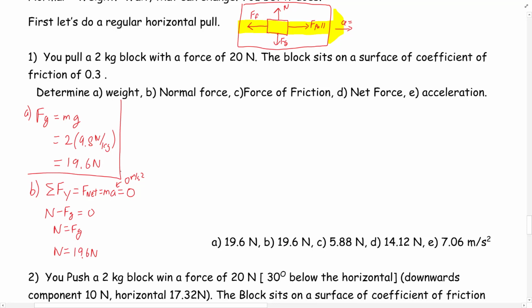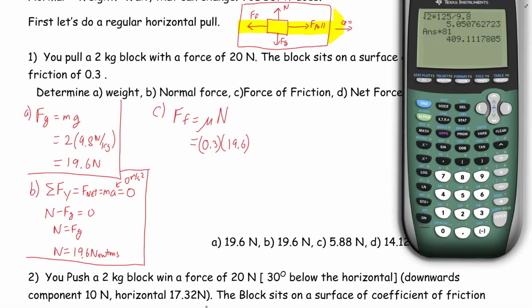So I just went kind of crazy here and went down why the normal force is exactly its weight because of this. So C, the force of friction. The force of friction formula is mu N, and the mu is 0.3, and the N is 19.6.